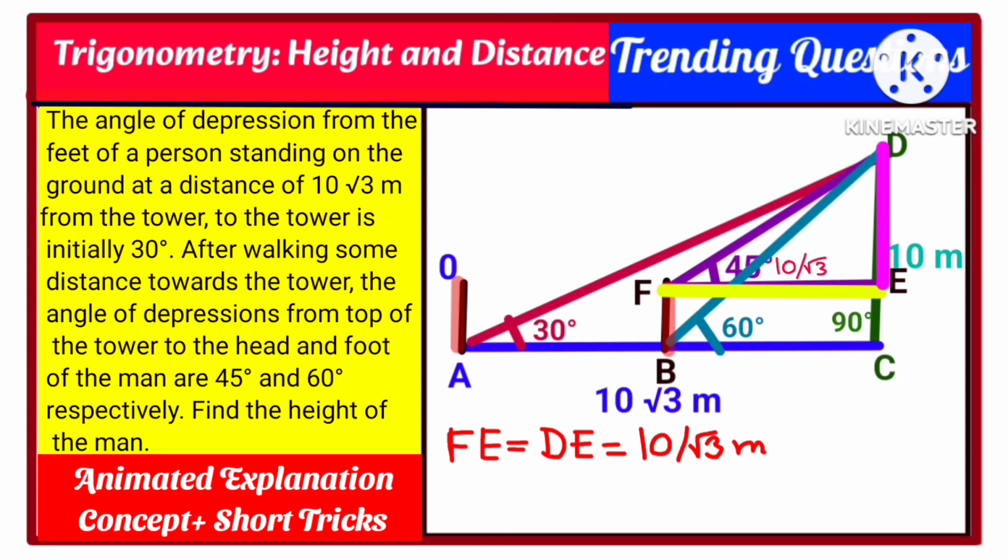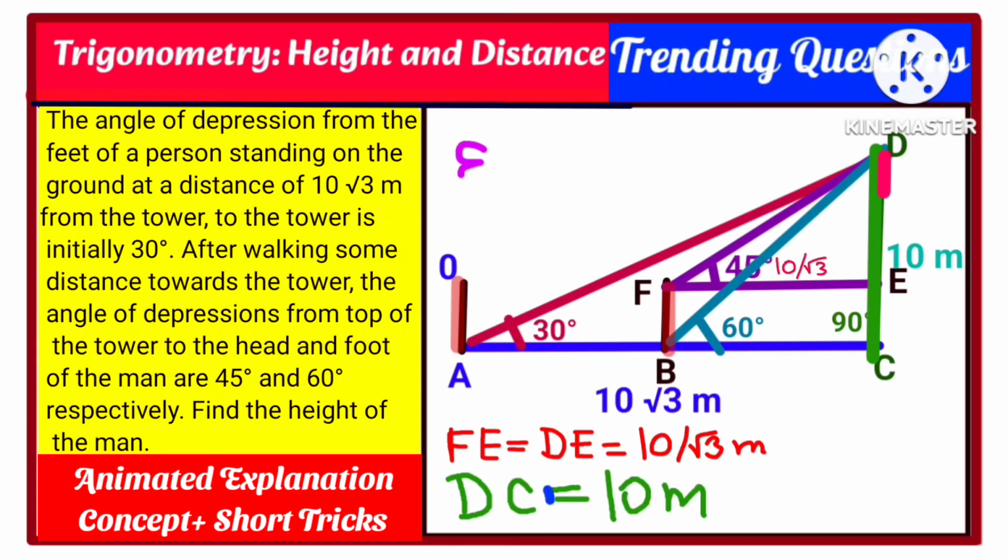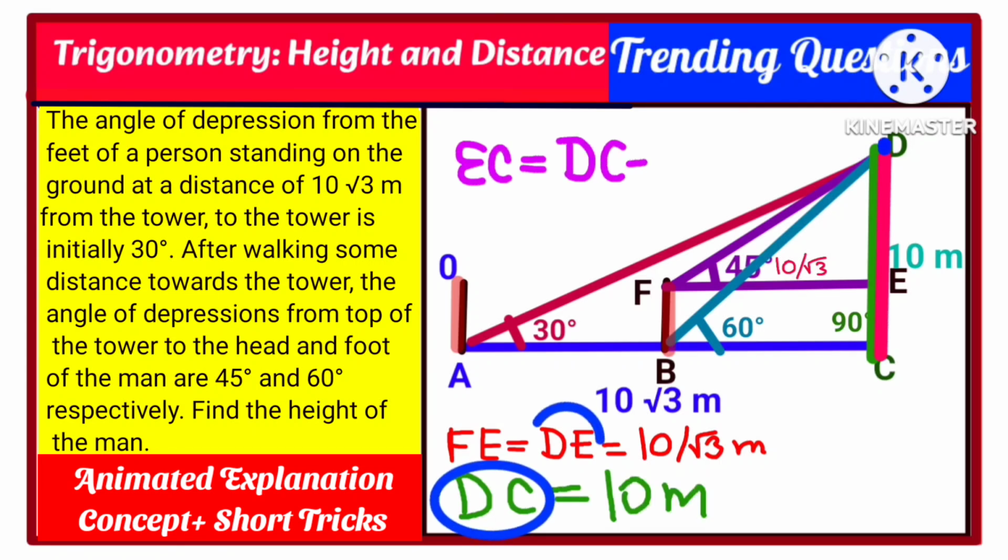If we observe carefully, we know the height of the tower, that is DC, that is 10 meter. From there, if we subtract DE, that we got as 10 divided by root 3, then we can get the value of EC. And this is only the height of the man, that is OA equal to FB equal to EC. So EC will be equal to DC, that is the height of the tower, minus DE.